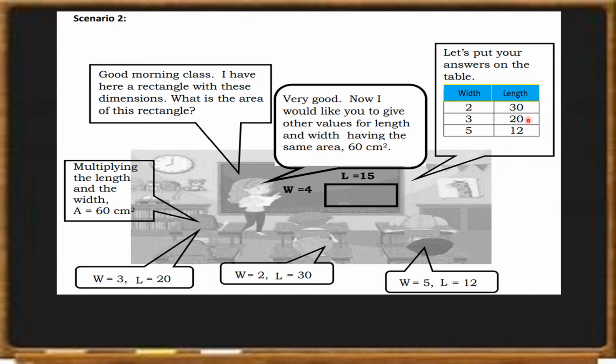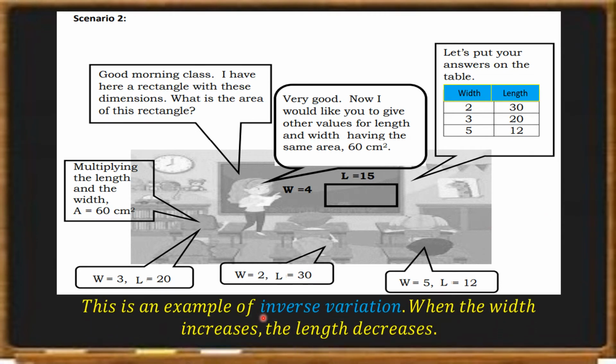From 30, it becomes 20, then 12. This is an example of inverse variation, the opposite of direct variation wherein both are increasing. In inverse variation, when one unit increases, the other unit decreases. They are opposite. When the width increases, the length decreases based on the table.